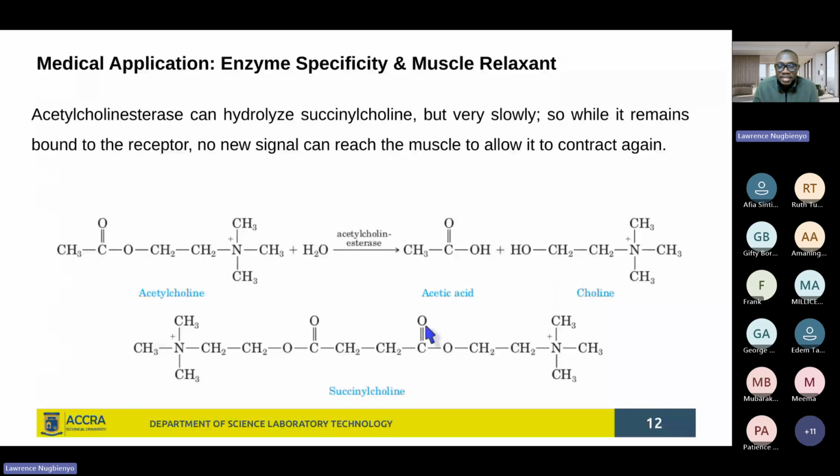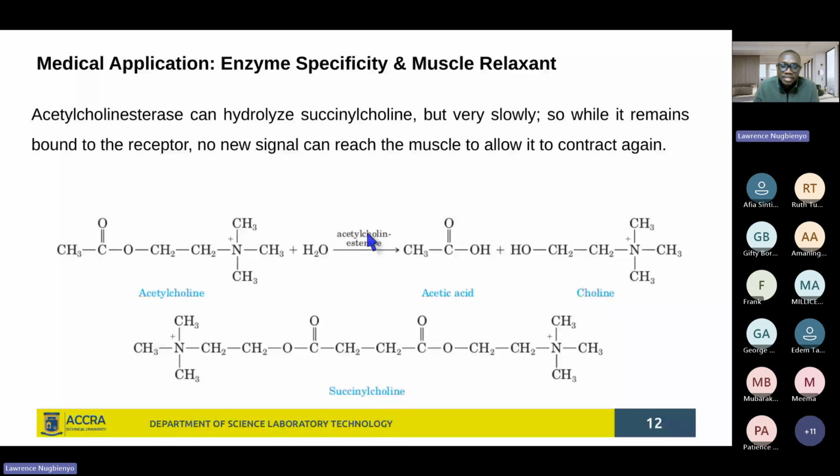Now we can take a practical example of this knowledge of enzymes that we are getting. So we take the enzyme acetylcholine esterase.